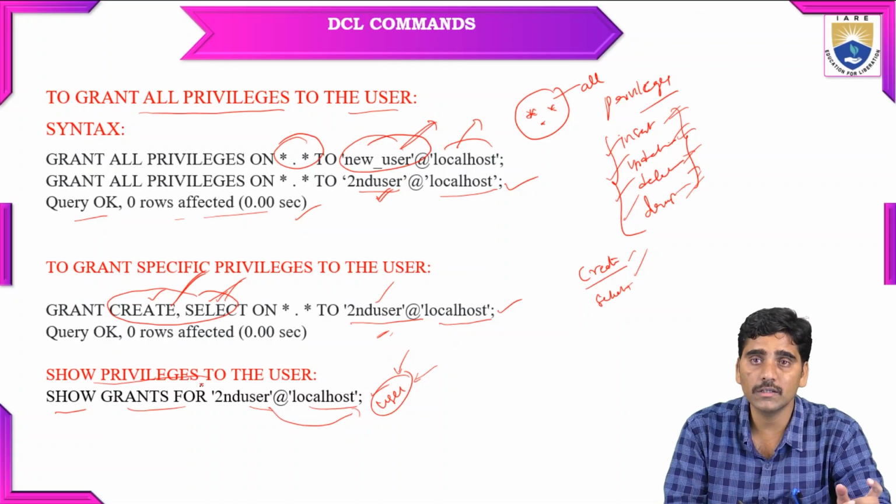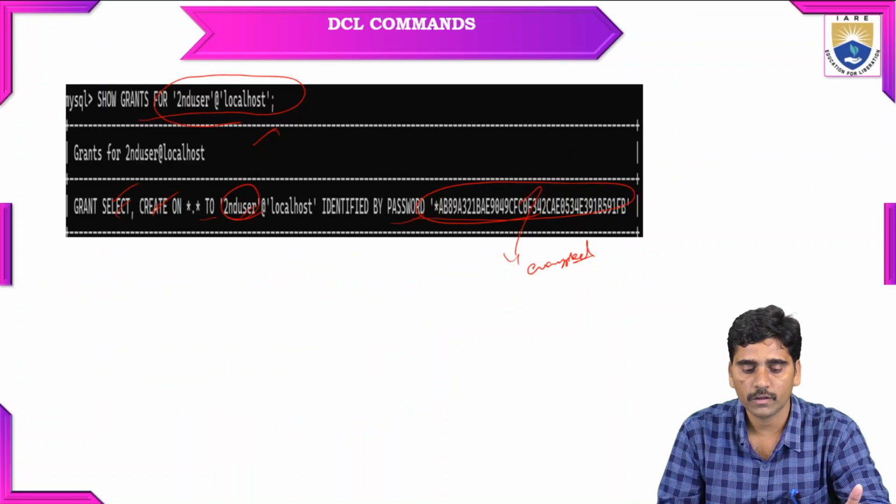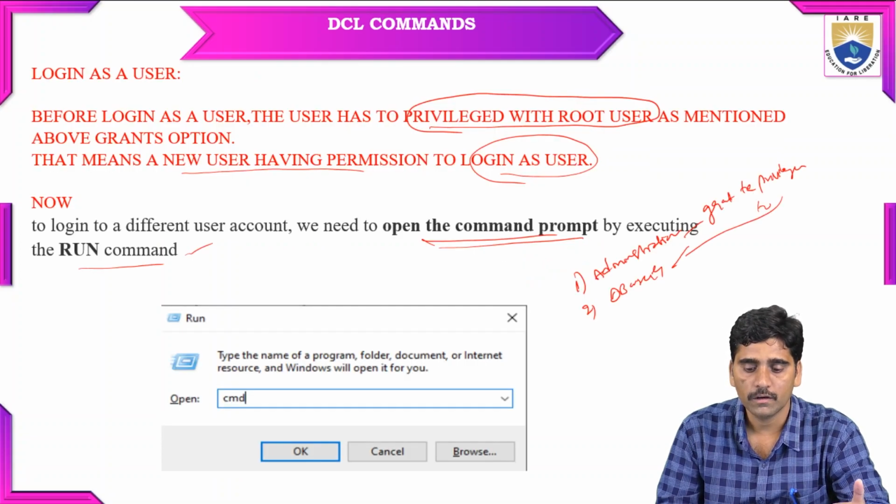To see the list of privileges assigned to a particular user, use show grants for second user@localhost. So this is the way to show the privileges for the particular user. And after creating the user, how to log in as a user?